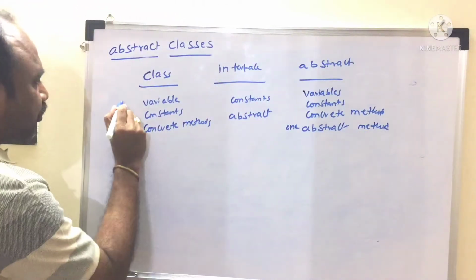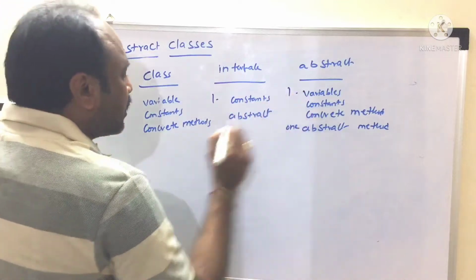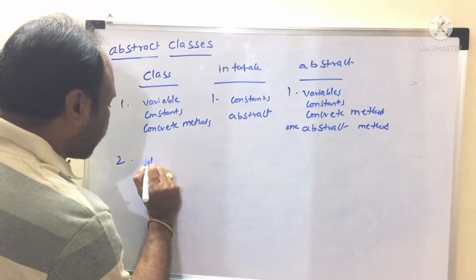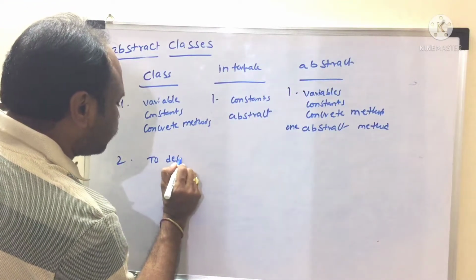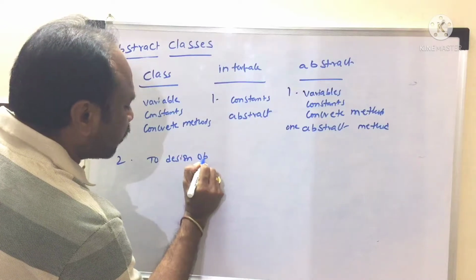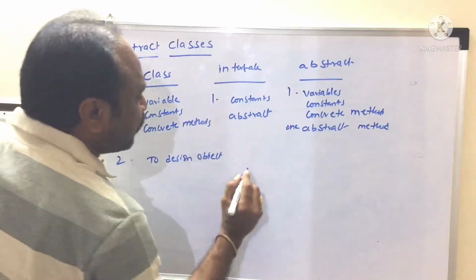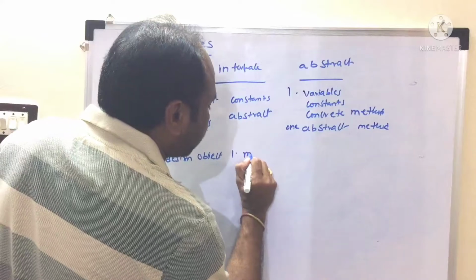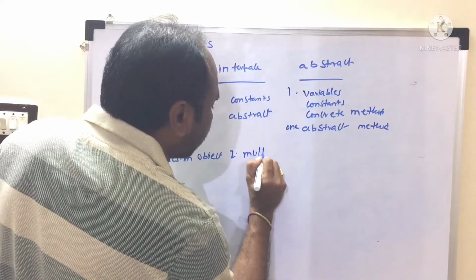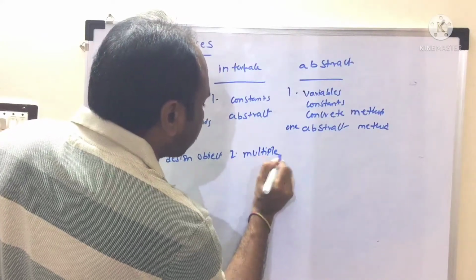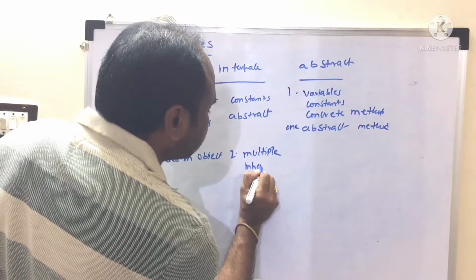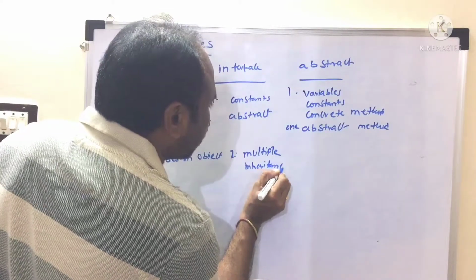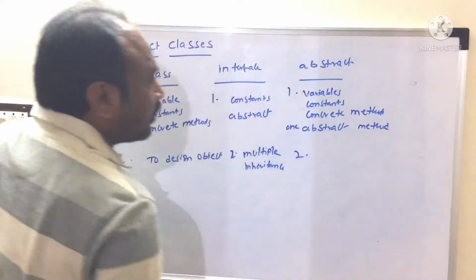What about class? This is the first point. Class is used to design objects. Whereas interface is used to implement multiple inheritance. Next, second point here.